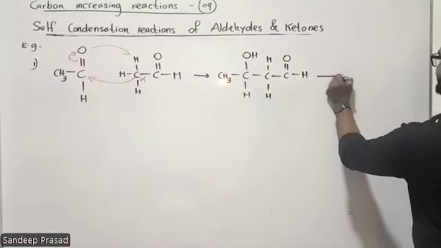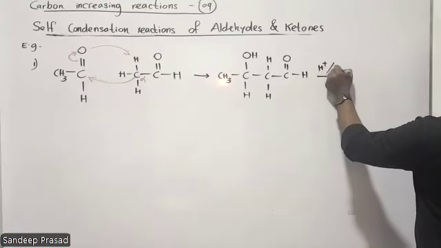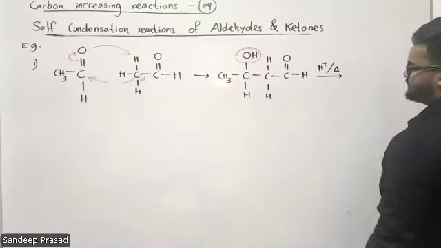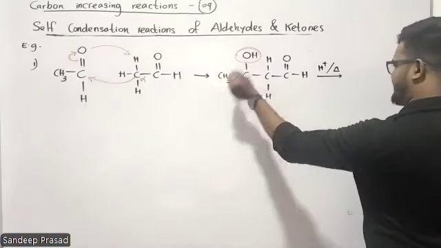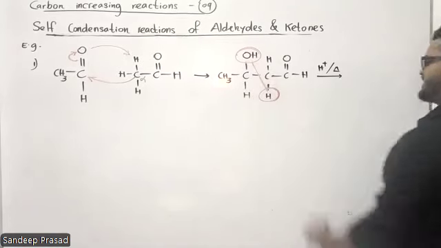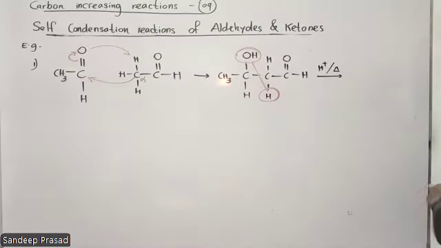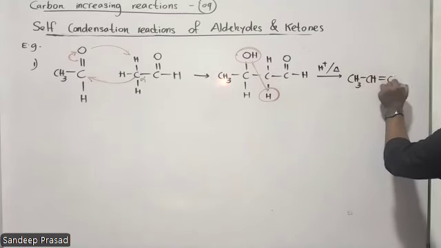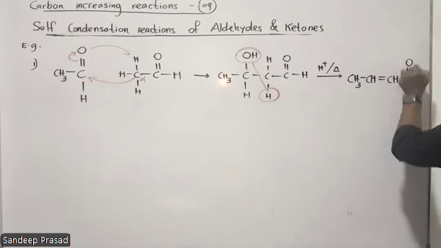So after addition of H plus and heat, what will happen? This OH is eliminated with the hydrogen from the nearest carbon atom, which has the fewer number of hydrogens. Then it is producing CH3, CH double bond CH, C double bond OH.